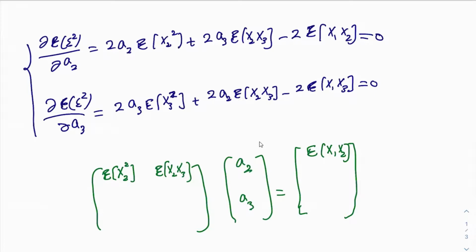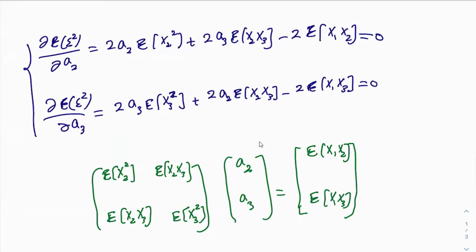For the other equation, I am going to have expected value of x2, x3, and the other one I'm going to have expected value of x3 squared, so x2. And here I am going to have expected value of x1, x3.